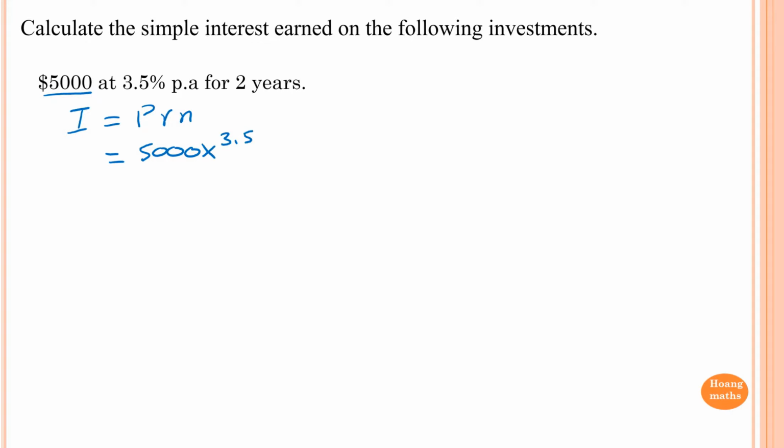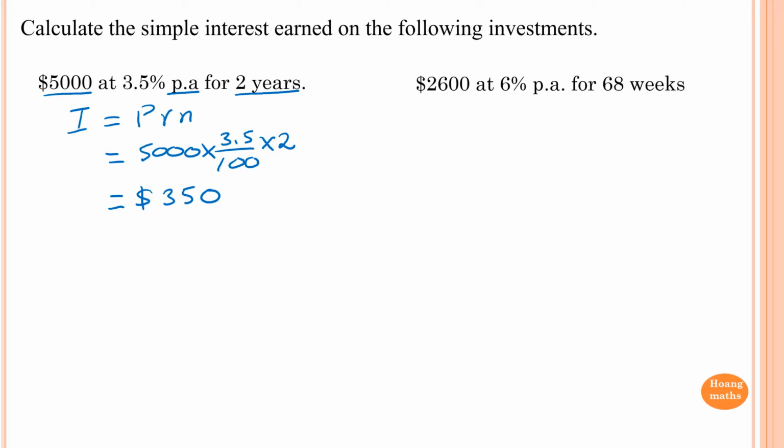So 3.5% means 3.5 per 100. And N is years, because this is 2 years and the rate is per year, so you just times by 2. That's all. So I get $350. That is my interest for $5,000.